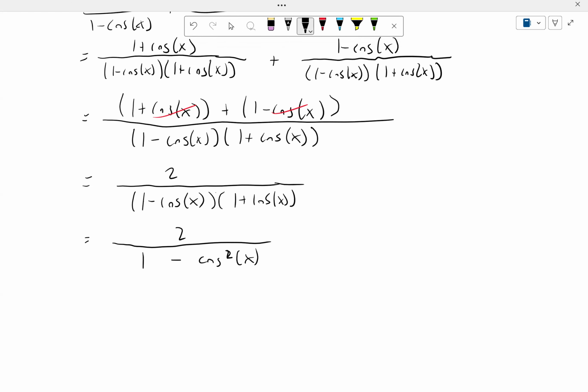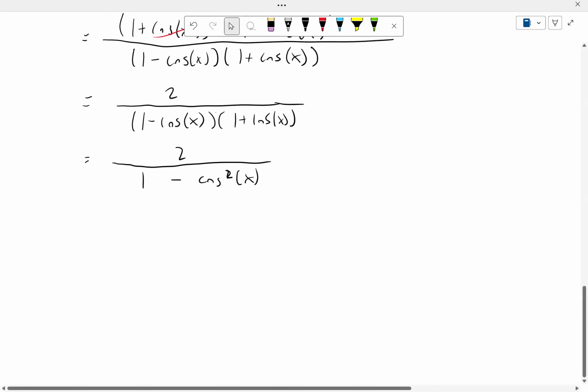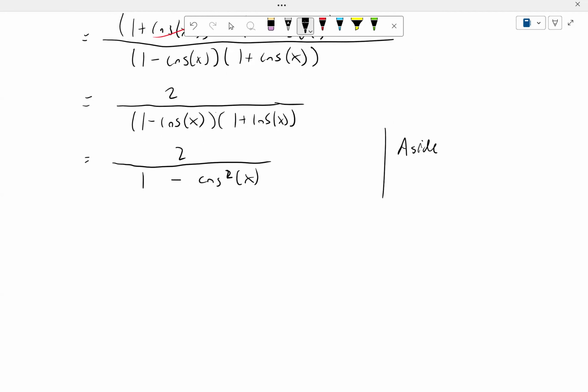Okay. And then now I'm going to mark this as a Pythagorean identity, but I'll put a little aside over here first. Show a little bit of work here. We know that sine squared of x plus cosine squared of x is equal to 1. But if we subtract cosine squared on both sides, then this is equivalent to saying that sine squared of x is equal to 1 minus cosine squared of x.